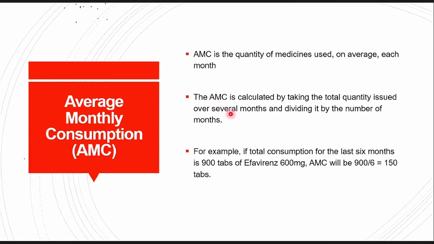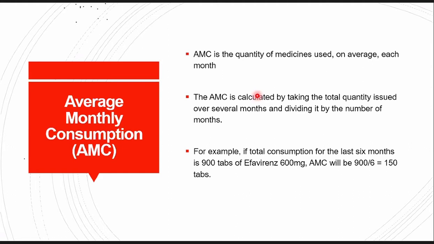So how is the average monthly consumption calculated? We take the total issues in a month. Let's say each month you are recording how much you are issuing. If you are a private pharmacy, obviously you'll be using a computer system, the point of sale, which will be calculating.